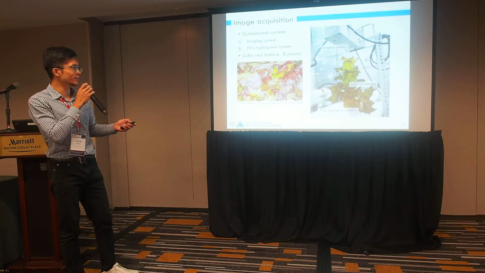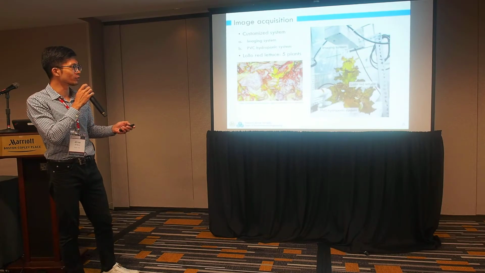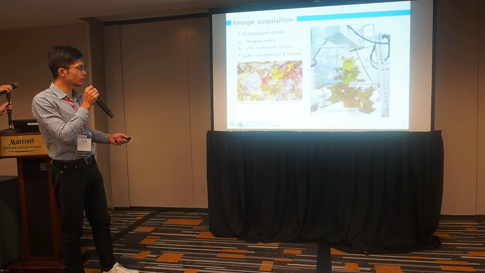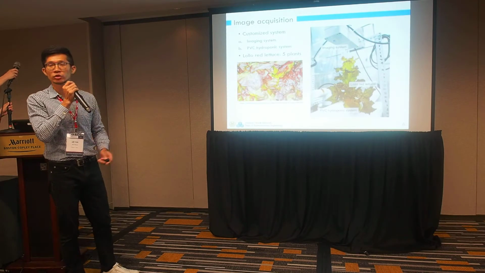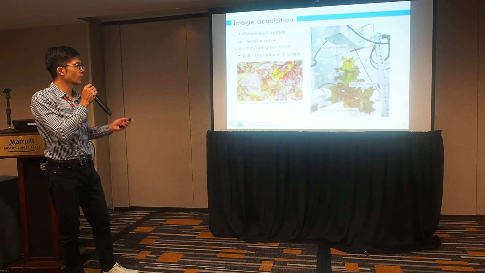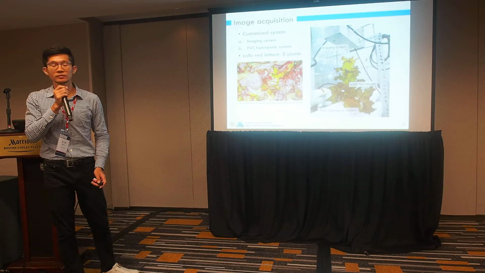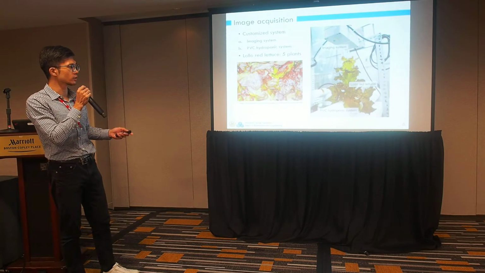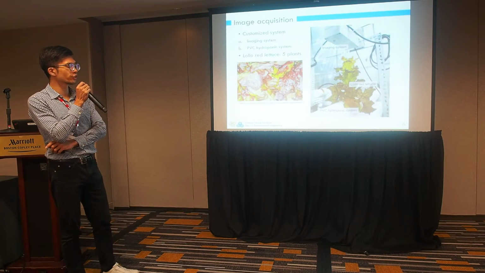The system is fixed from the first day of imaging. I make sure there's no change of the distance from the imaging system to the hydroponic system. I didn't know the exact distance, maybe like 30 centimeters.